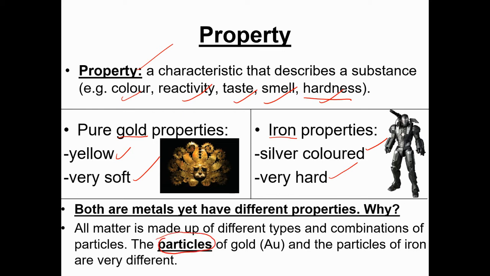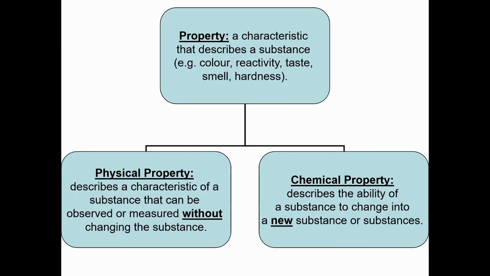The particles of gold, which are essentially atoms of gold, Au, are different from the particles of iron, Fe. So the properties of the big stuff that you see really come from the properties of the atoms that they're made up of. And so keep that in mind as we go through this lesson.